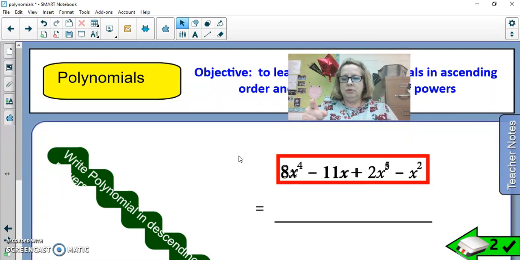So in those terms, the highest exponent or degree is 5, 2x to the fifth. So that's going to go first. And then my next term is going to be the term with the exponent next decreasing. So my next term to go in that expression would be 8x to the fourth.